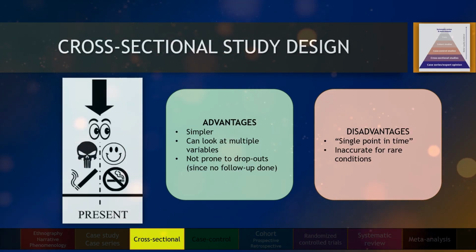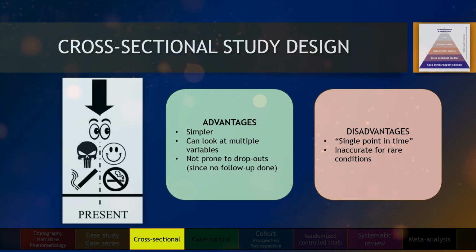Cross-sectional studies are simpler, resulting in being cheaper and quicker to conduct. It can look at multiple variables, whether exposures, outcomes, or both. And since you only do one data collection and you don't do follow-ups, it is not prone to dropouts.